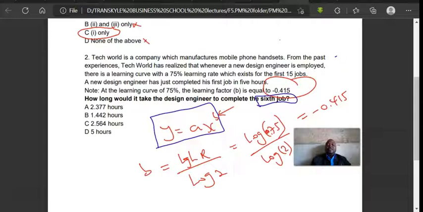So in this case, we need to determine the total time for the sixth job and total time for the fifth job, and we get the difference, because when the question is saying the time to complete the sixth job, it simply means the time that is going to be taken from job number 5 to job number 6. So that's the time which we need.